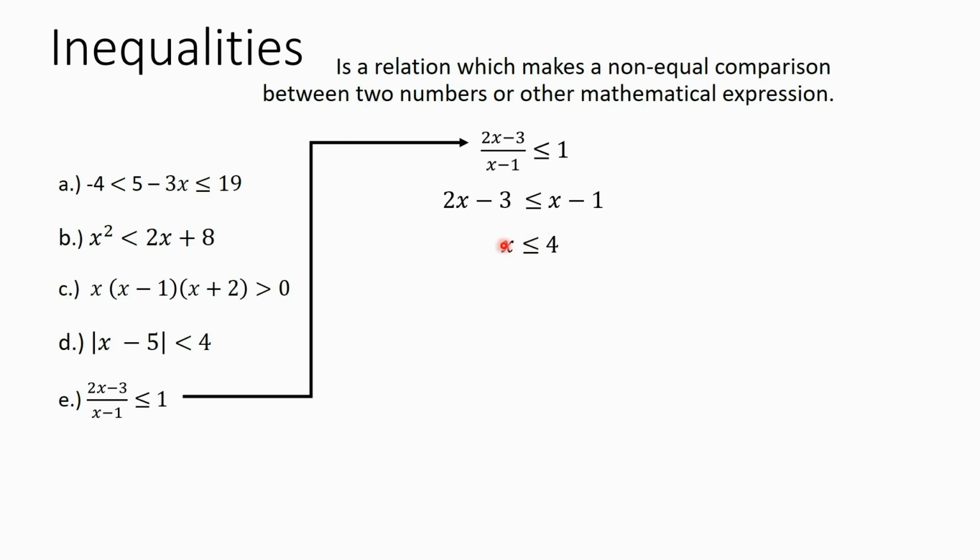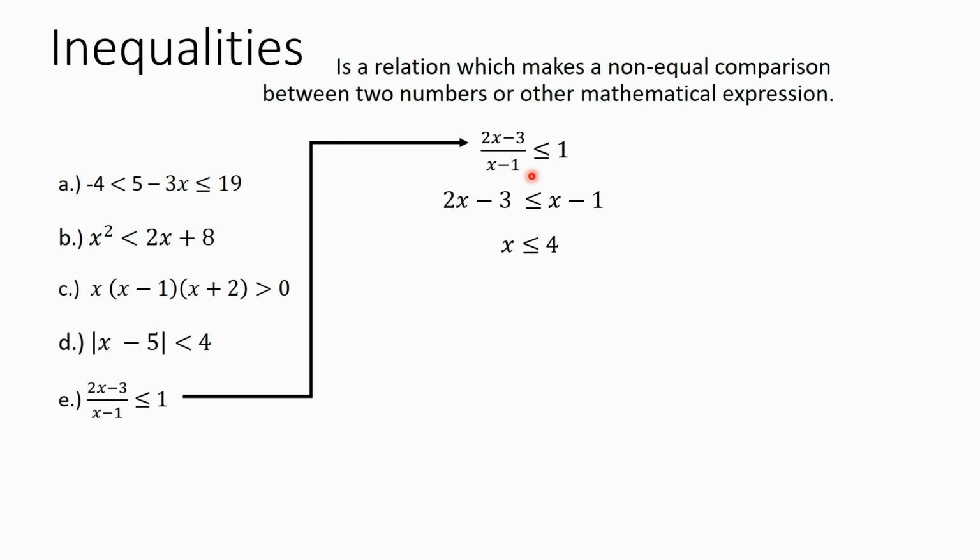So okay, this is the solution, but wait, we still have to analyze it, whether it is less than or greater than. Here we're going to analyze: if we make it less than, our solution will be negative.